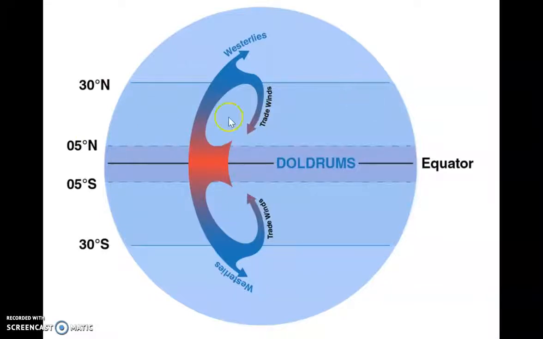The same thing applies to the southeast trade winds, which is between 5 degrees south and 30 degrees south, and it comes from the southeast and blows somewhat in a clockwise direction towards the equatorial region and above. All right. Now, the trade winds are influenced by the rotation of the Earth. The Earth rotates anti-clockwise, but these trade winds blow in a clockwise direction generally.